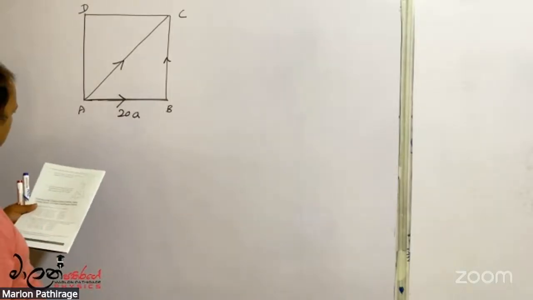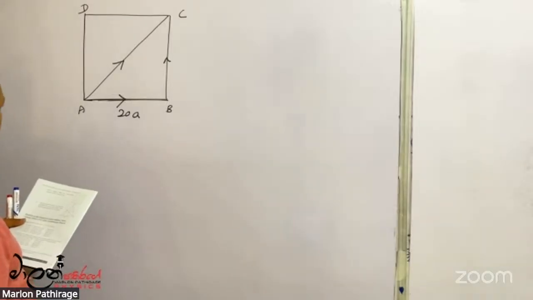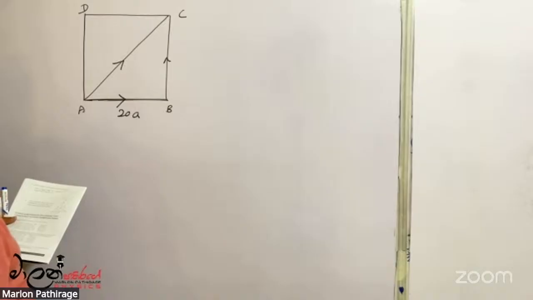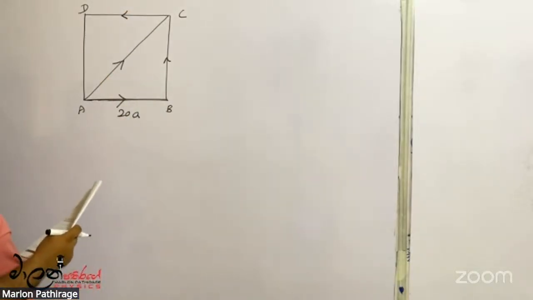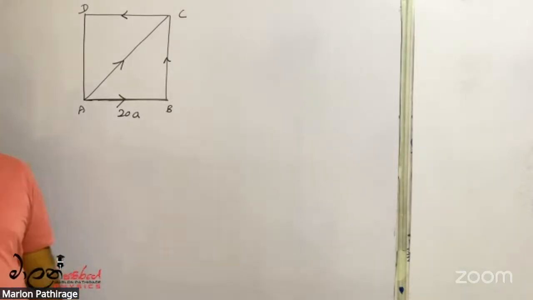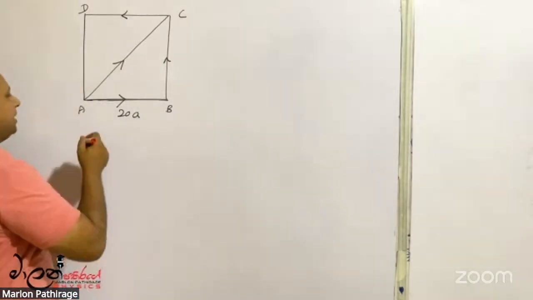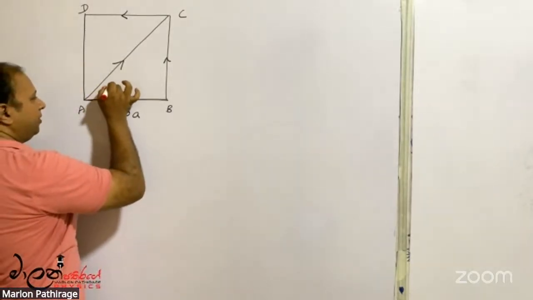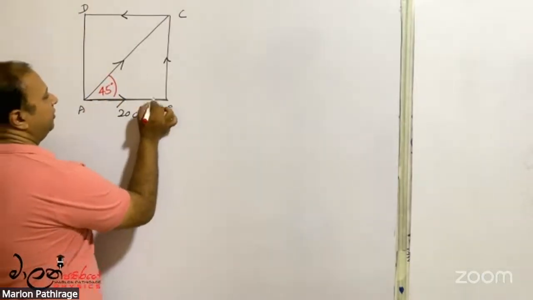The magnitude of AB vector is 28. Find the magnitude of BC, AC, and CD vectors. This is a square. So if it is a square, this angle is 45, this angle is 45.